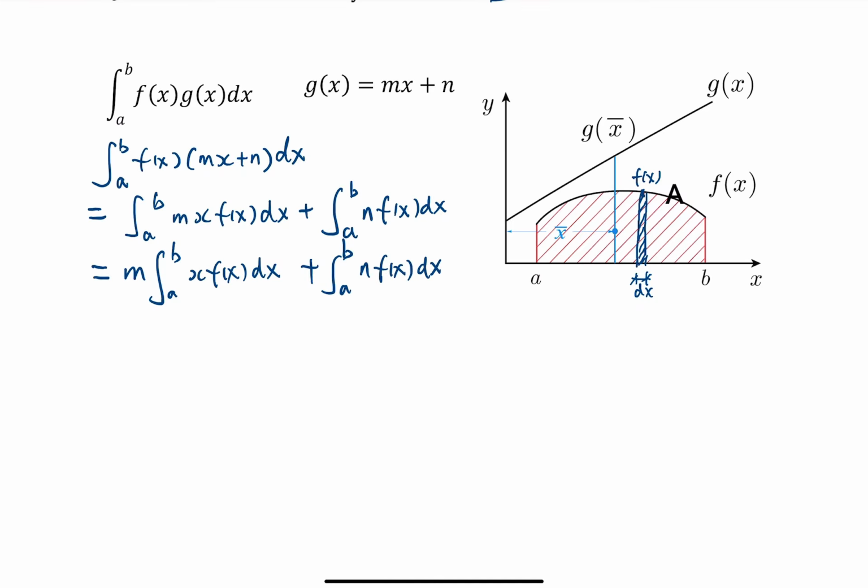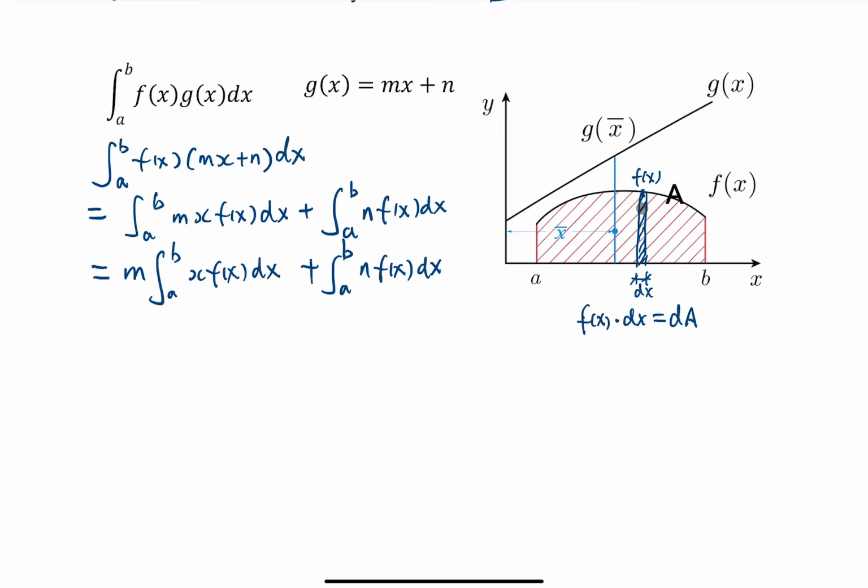So then we can approximately say the area of this very small strip is f(x) times dx. We can express this as dA, the area. So dA is used to express the area of this very small strip.